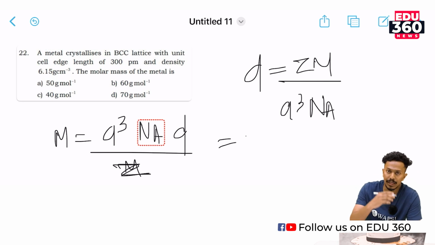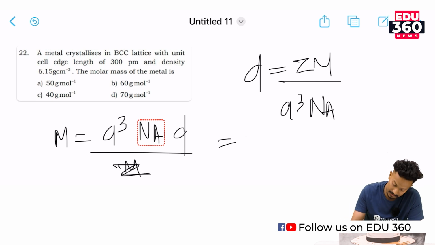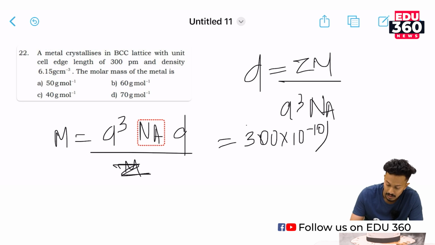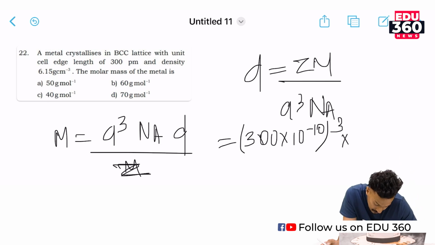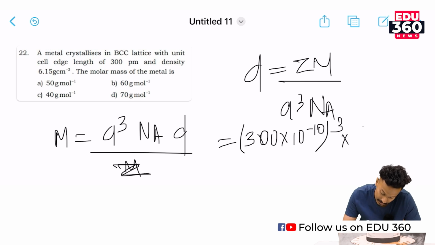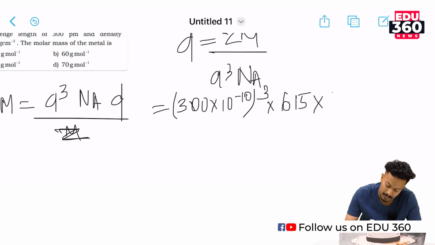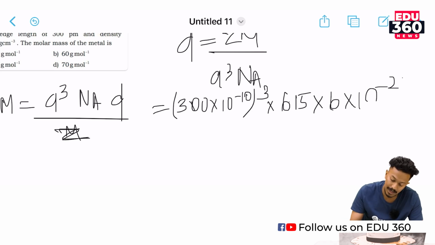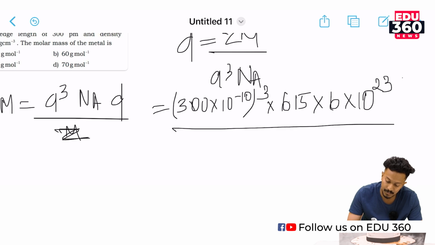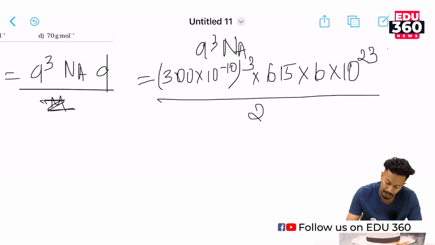Upon converting into meter, we write 300 into 10 raised to minus 10, whole cube, into density 6.15, into 6 into 10 raised to 23, by 2.